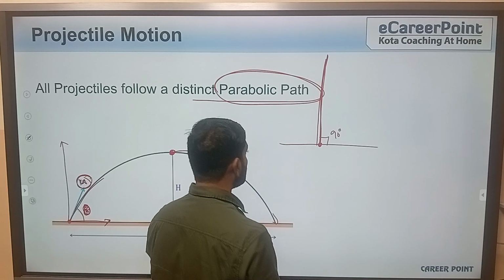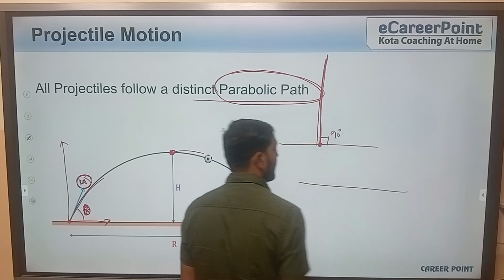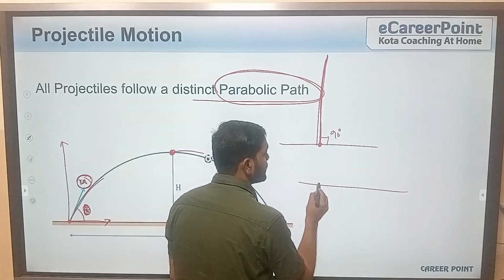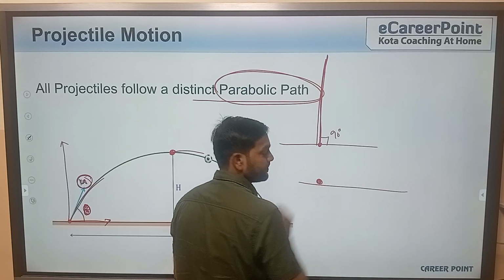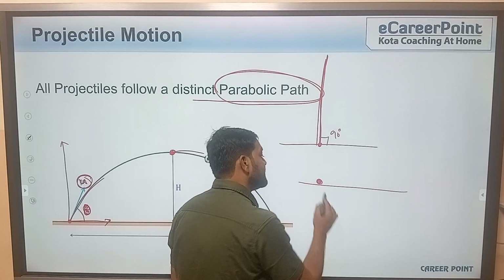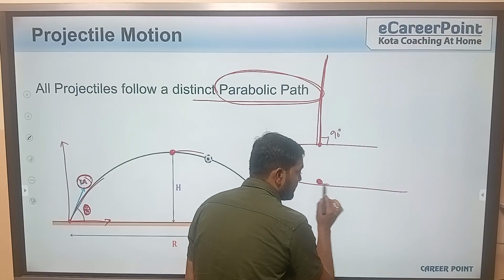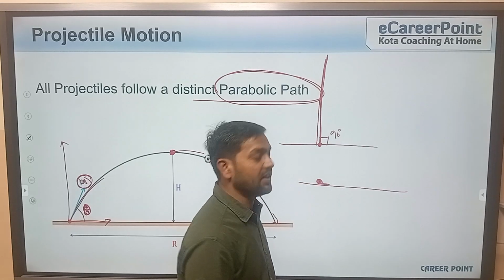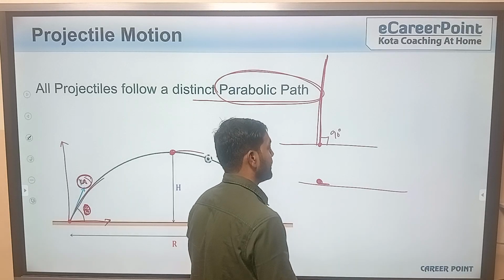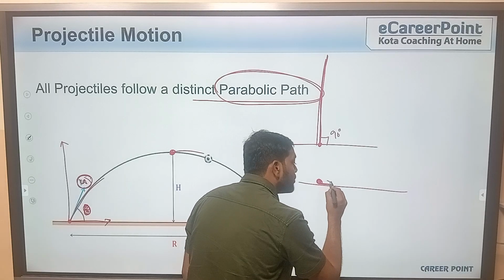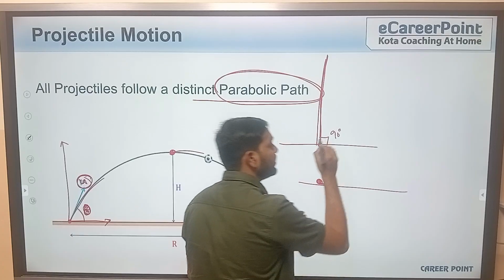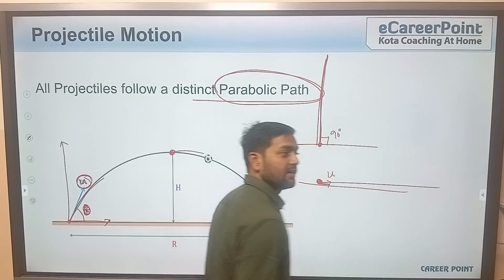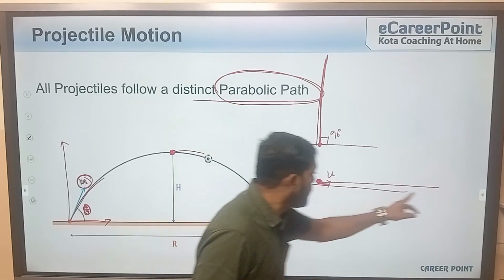Now let us take an angle of 0 degrees. If it is 0 degrees, there is no angle between these two. If this object is given a certain velocity, it will move only like this.